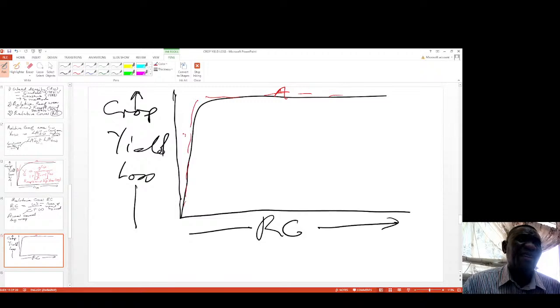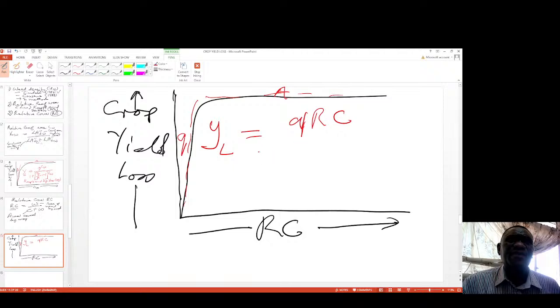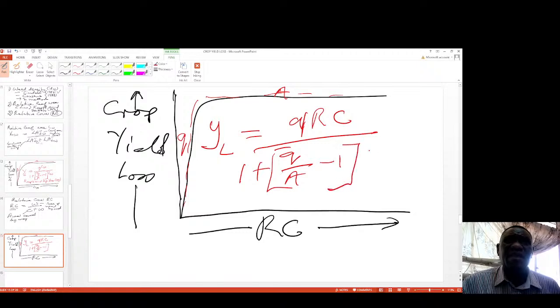This remains Q, and again yield loss would be predicted like this. Q over A minus 1. We'll put RC.